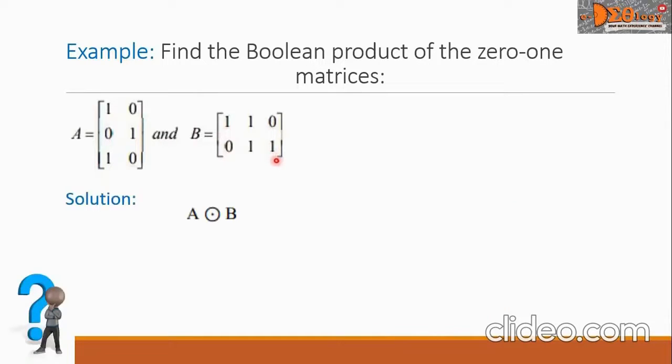For our solution, let us write the symbol of the Boolean product for A and B. Take note that matrix A is a 3 by 2 matrix, meaning 3 rows by 2 columns, while matrix B is a 2 by 3 matrix, which means 2 rows and 3 columns.